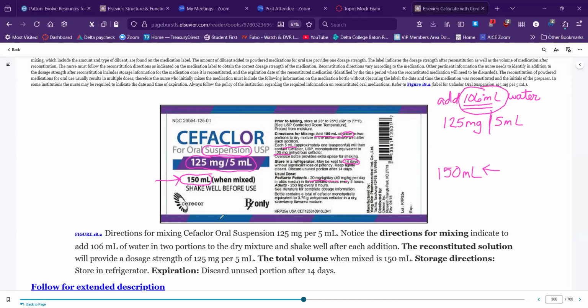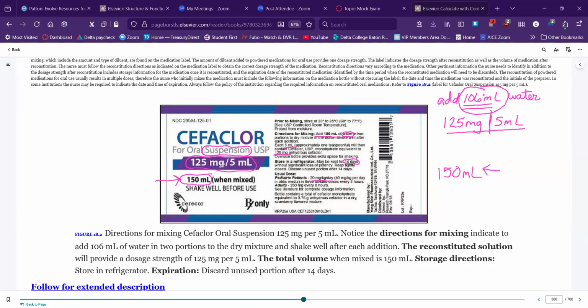So you would add 106 mLs of water. It tells us to store it for 14 days in the refrigerator. And then your final dosage is going to be 125 milligrams per 5 mLs.